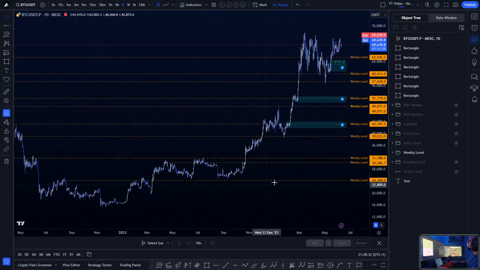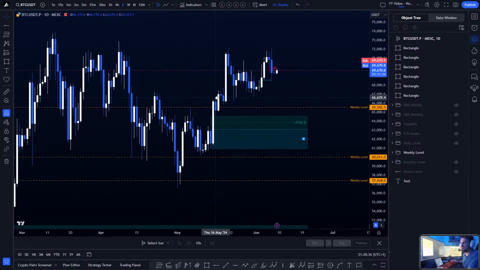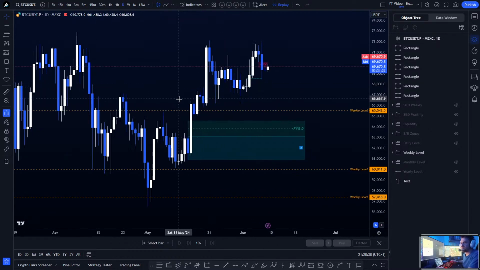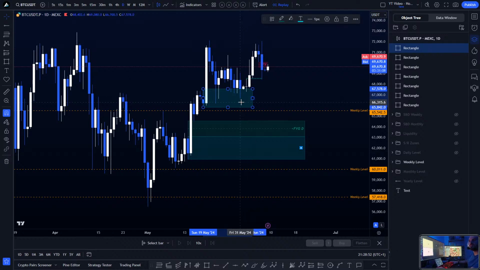I'm not gonna bother marking out down below. Now, it's important to remember we did react to this order block, price held through it. We can almost mark it as a support and resistance already.